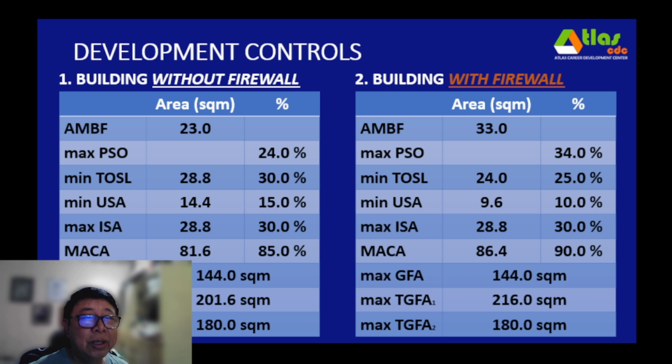So again, you will notice here that our maximum GFA without firewall and with firewall will be the same, as well as our maximum TGFA based on the conversion will also be the same without firewall and with firewall.